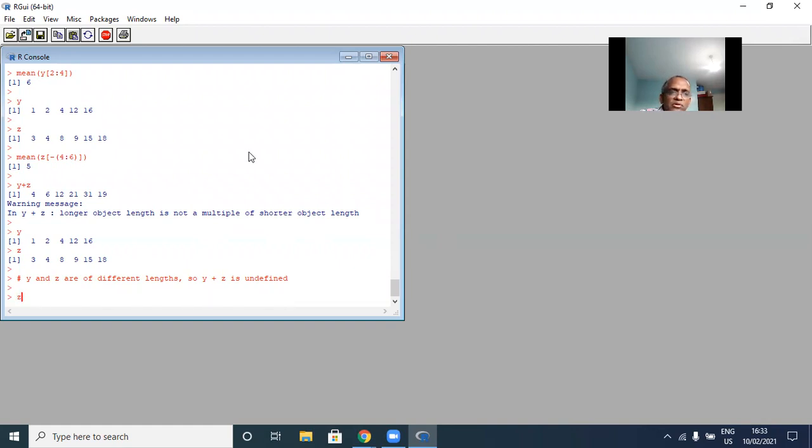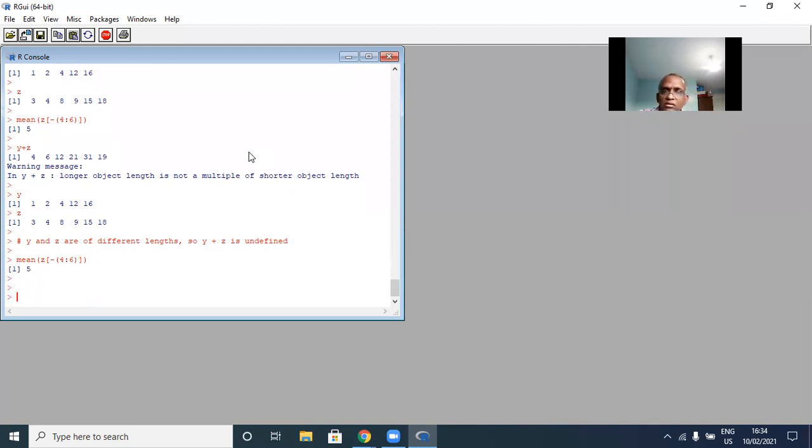Just to make it clear that we are removing the data from 4 to 6, I used the round bracket, but there's no need to. Otherwise it will look kind of ambiguous, right?